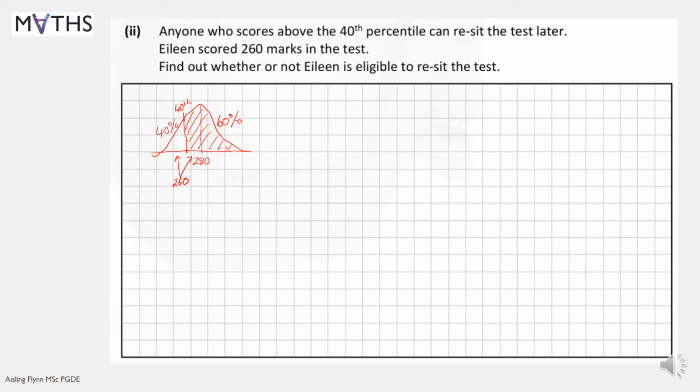Okay, so we're going to use our Z scores again. What we know about Z scores is that if her mark is below the mean, it gives a negative Z score, and the Z score tables don't have values for negative Z score, so we have to equate it to something we can get from the table. What we can do there is take the value for 60%.